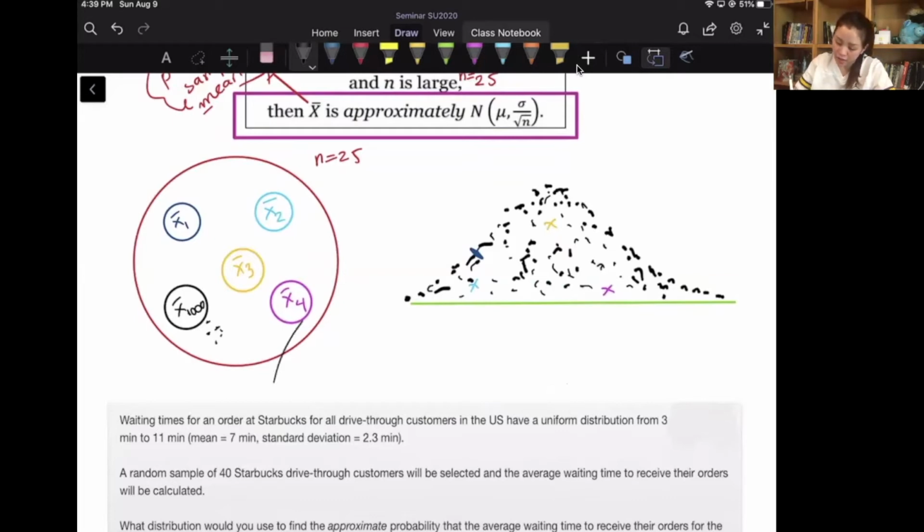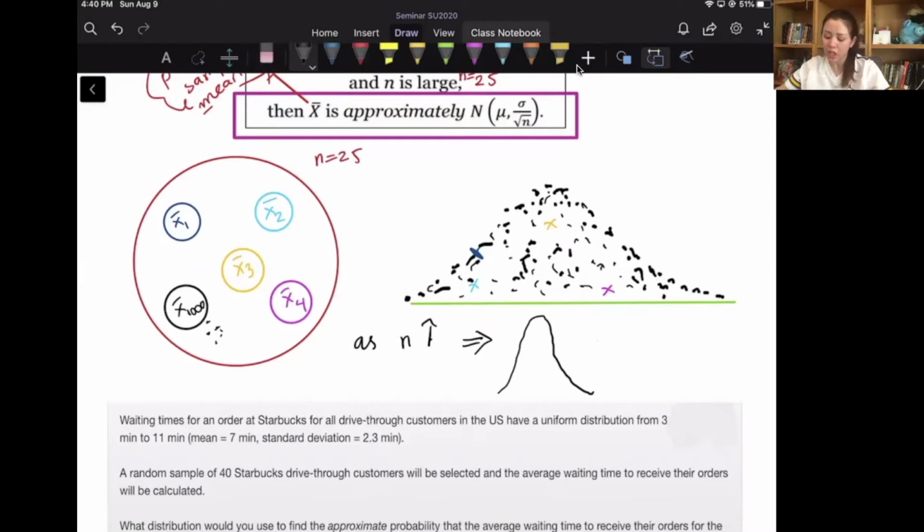As n, the sample size, increases, the normal curve is going to get narrower and narrower, skinnier and skinnier like that, so that the sample mean will get closer and closer to the population mean, and the standard deviation gets smaller and smaller.